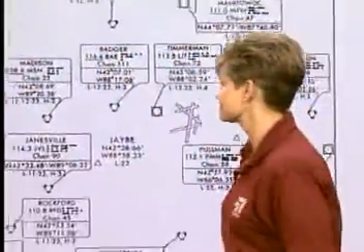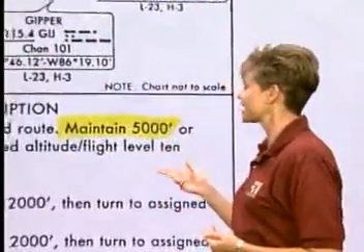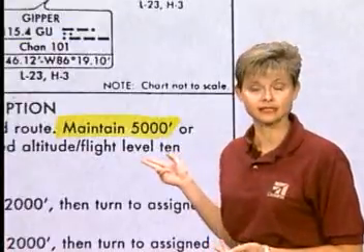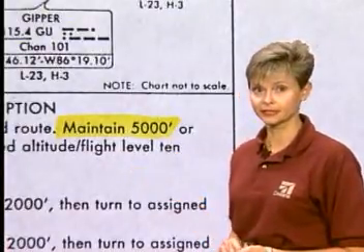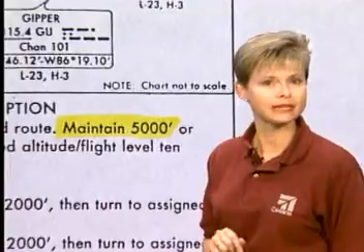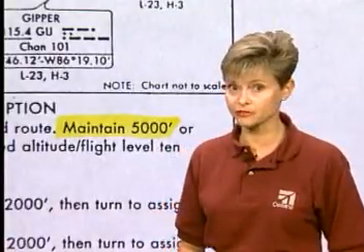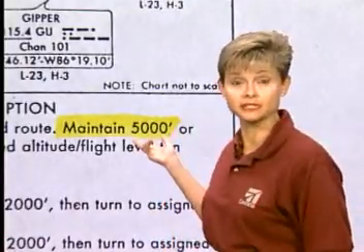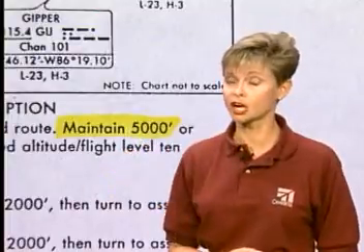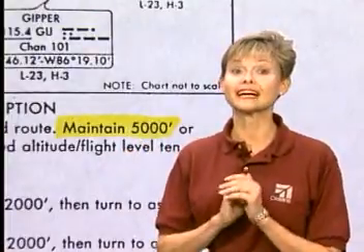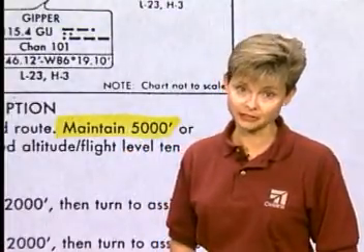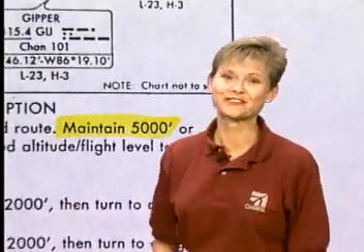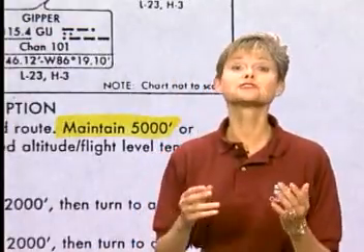In this case, if you see right here, it's 5,000 feet, unless you've been assigned to a lower altitude. When the initial altitude to maintain and the departure control frequency are given to you in the printed departure procedure, as they are here, the controller will usually not repeat them separately in your clearance. Now, the first time that happened to me, I was sure the controller had made a mistake.